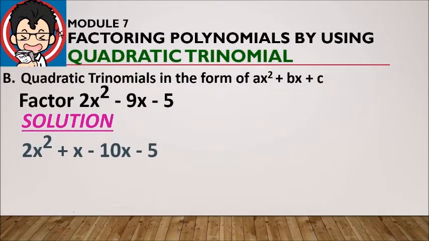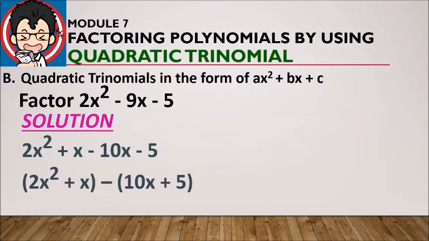Now, the next step, so na-regroup ko na, di ba? The next step is to factor the first group. Okay? So, by common monomial factor, pwede tayong kumuha ng x dyan eh. Ganun din ang gagawin natin dito. So, here, the common monomial factor is x. Dito naman, the common monomial factor is 5.